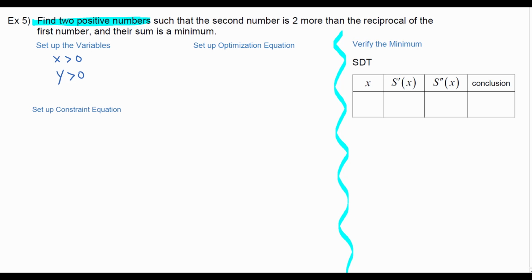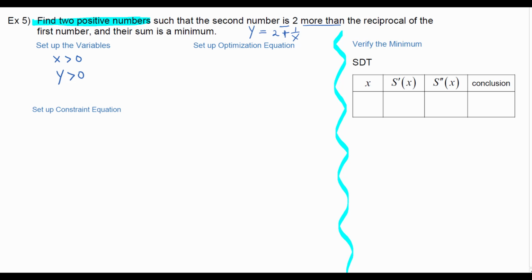I want two numbers such that the second number is, which one do you want to call second? Y? Okay. So second number is means equal to, more than is plus the reciprocal of the first. So first one is an x. So reciprocal of an x is 1 over x.